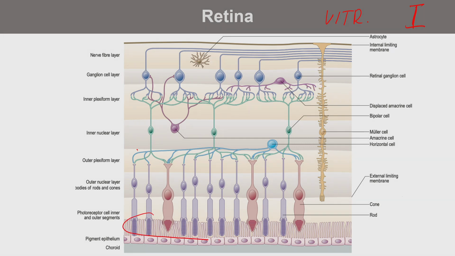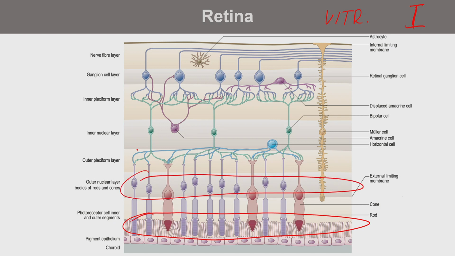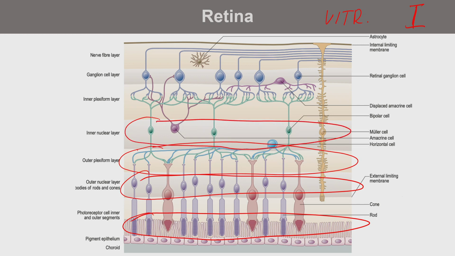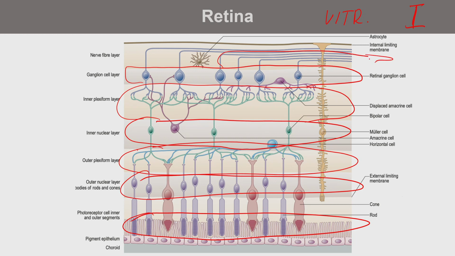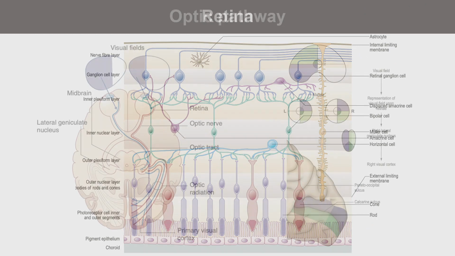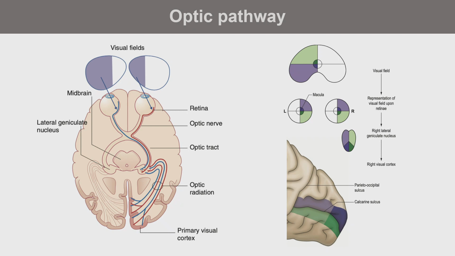The signal is created in the photoreceptor line, then we have a line where the nuclei of the photoreceptors are, the first relay, the second relay is the layer of bodies of the bipolar neurons, the inner plexiform layer is another synaptic layer, and then the ganglionar layer where the information is conducted into the optic nerve.